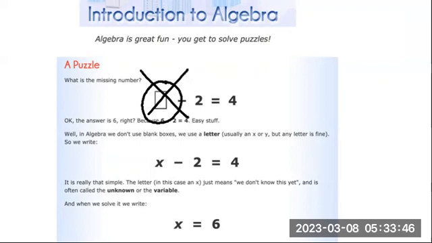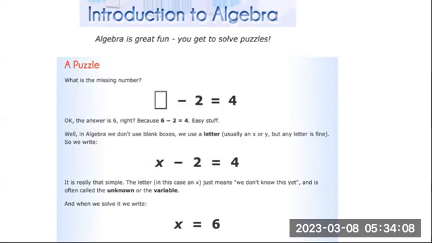So in algebra, instead of using that, we use letters, like the letter X, for example. So we read this as X minus 2 is equal to 4. It's really that simple.